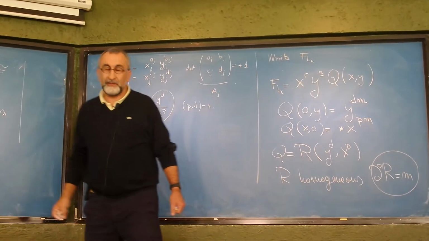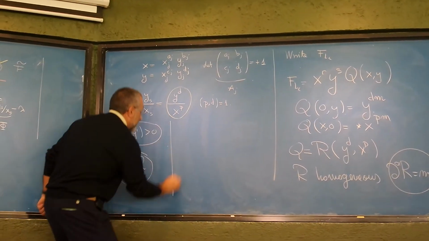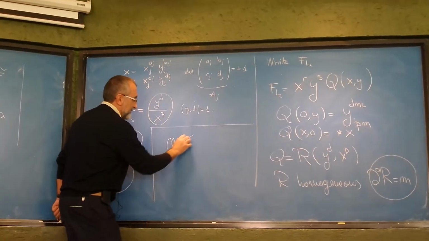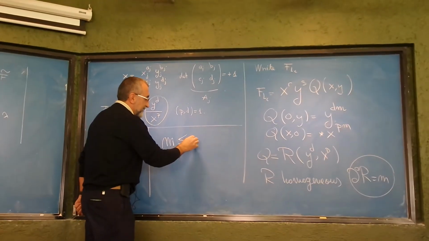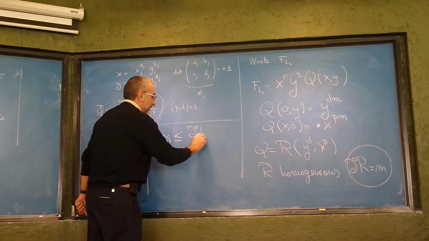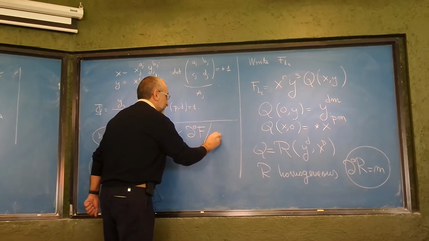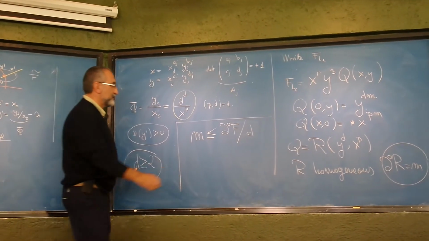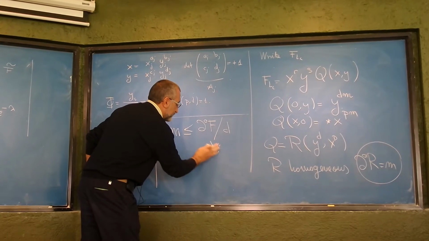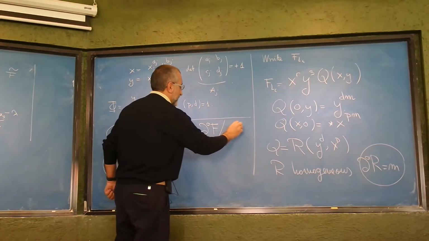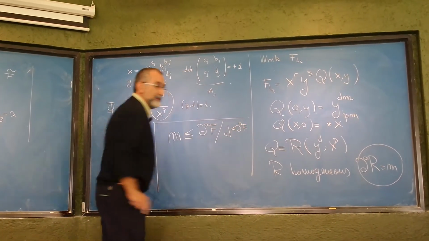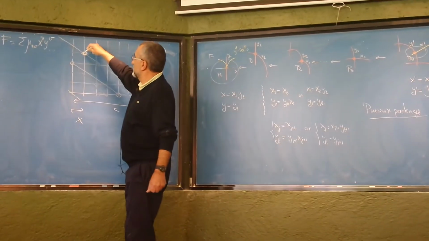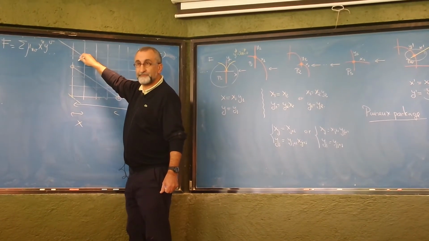Because what is very important is that n is less or equal than the degree of f divided by d, and d is bigger or equal than 2. So the degree of f is a bound from this high point.